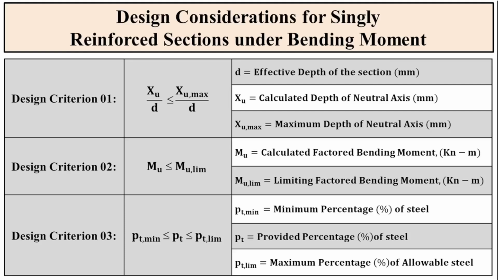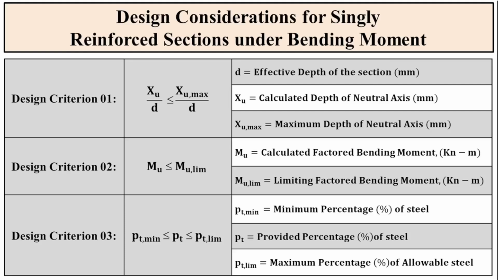Design Criterion 03. The final criterion addresses the amount of steel reinforcement. We ensure that the provided percentage of steel, PT, falls within the minimum and maximum allowable percentages, PT min and PT lim respectively. This ensures adequate reinforcement for strength and ductility.